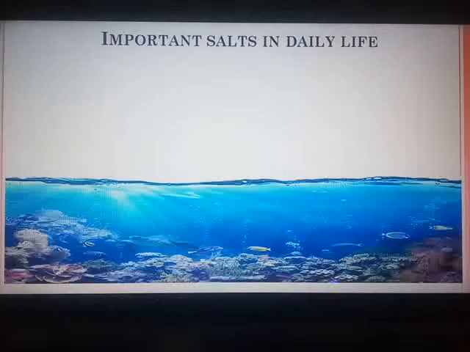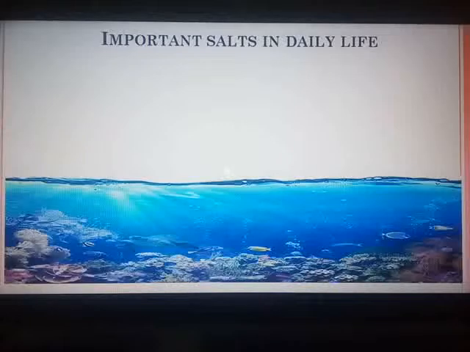In the previous classes, we have learned about certain substances, their uses, their constituents, substances like toothpaste, baking soda, water, curds, milk. In this topic, we are going to study the salts. The first salt which we are going to study is sodium chloride or the common salt. The next one is baking soda, followed by bleaching powder and washing soda.